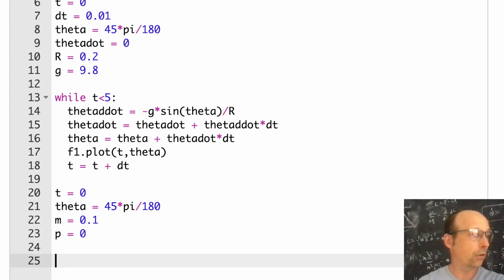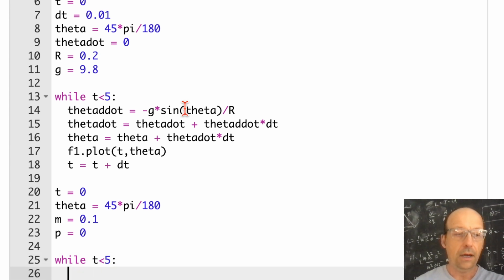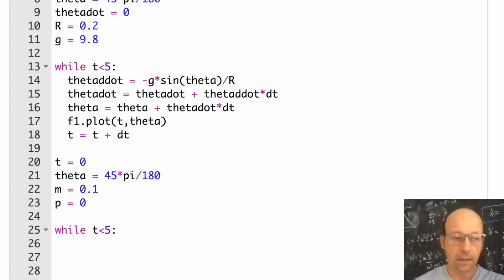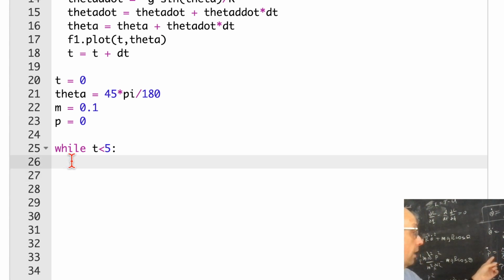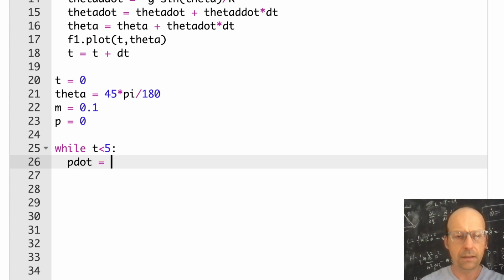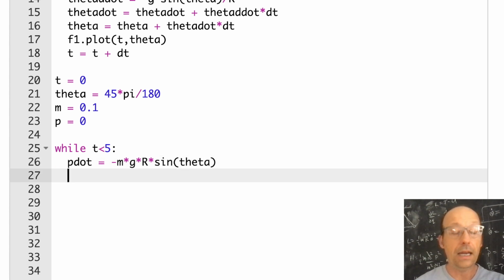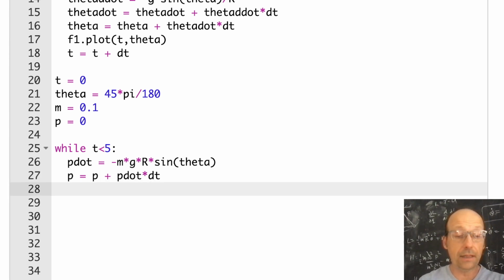So now we can make our loop: while t less than 5. The first thing is to calculate P dot right there. So P dot is negative m times g times r times sine of theta. Now I'm going to update P: P equals P plus P dot times dt. Now I'm going to calculate theta dot.